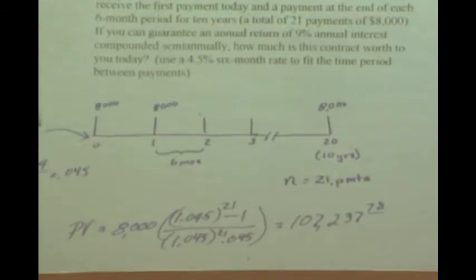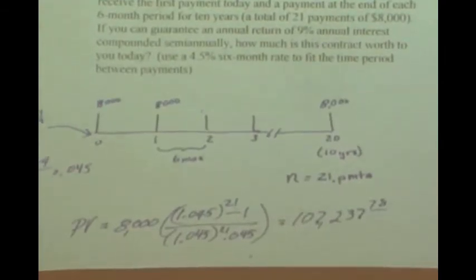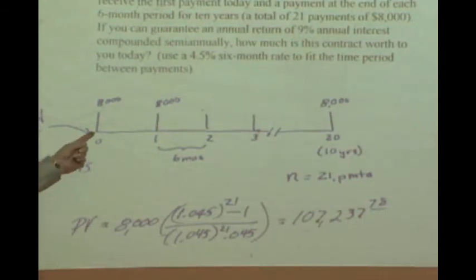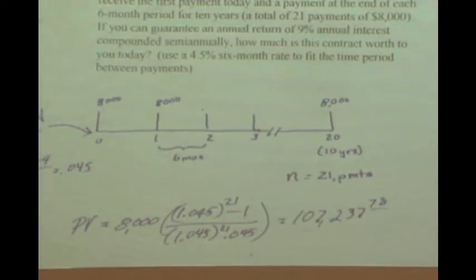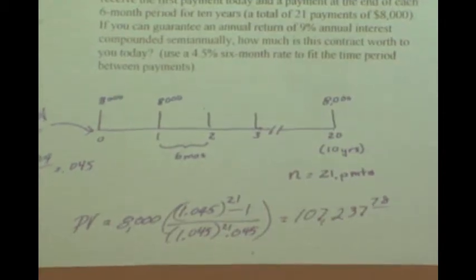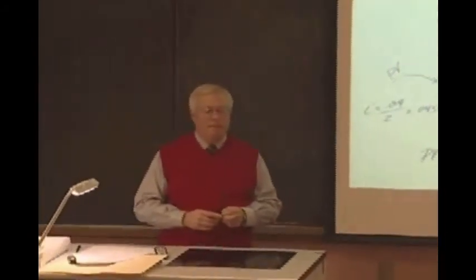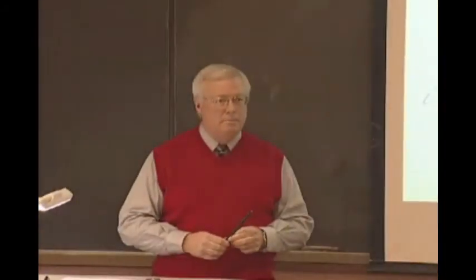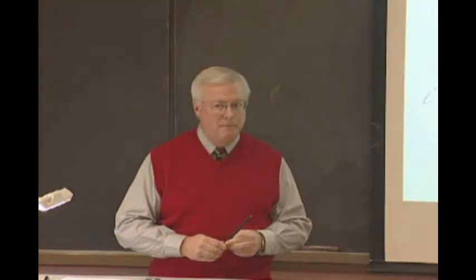But is this the answer to the question? Does this tell me what the stream of payments is worth right here at time 0 or some other point in time? Where is the 107,000 sitting in time? At year what?